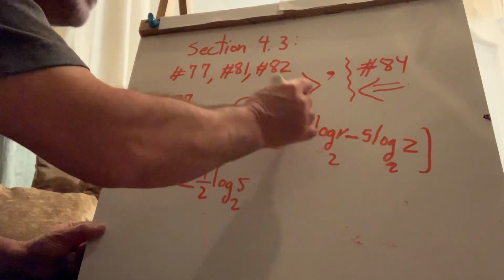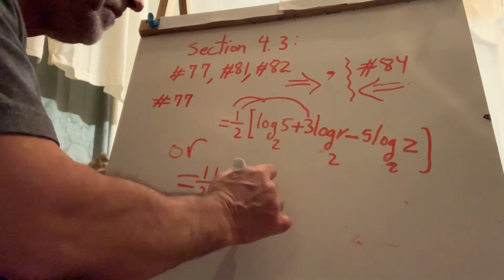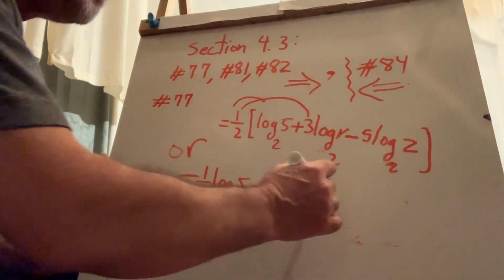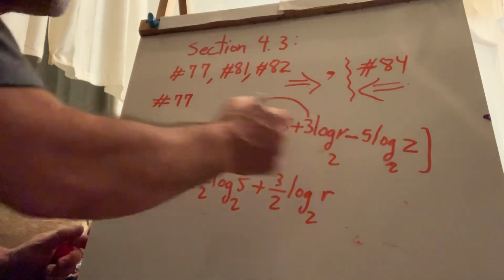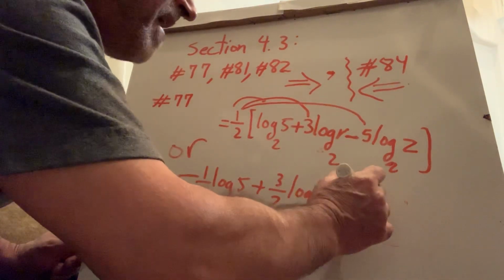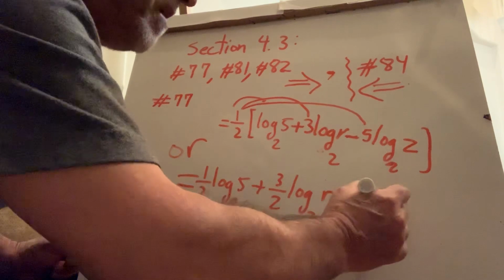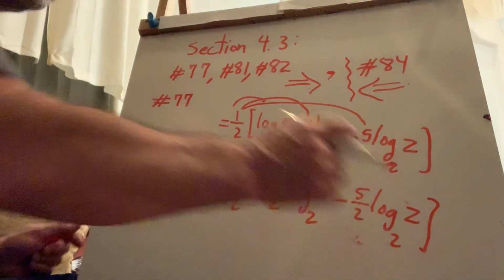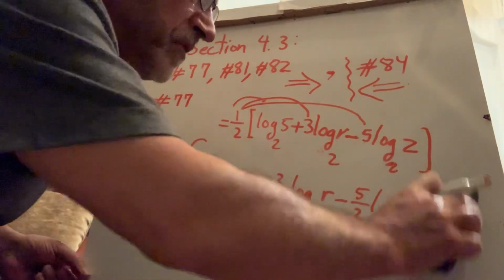Then, of course, 1/2 times 3 in front makes that 3/2 log base 2 of r. And then, of course, 1/2 times 5 becomes minus 5/2 log base 2 of z. Oops, we don't need the bracket anymore because we already distributed.